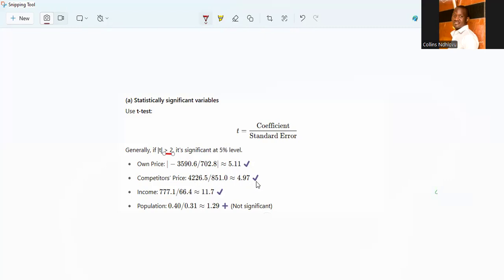What are we getting? 4.7. Is it more than 2? Yes. Then 777 divided by 6, we get about 6. Is it more than 2? Yes. The population, 0.4 over 0.3. Is it more than 2? No. So population is not significant.